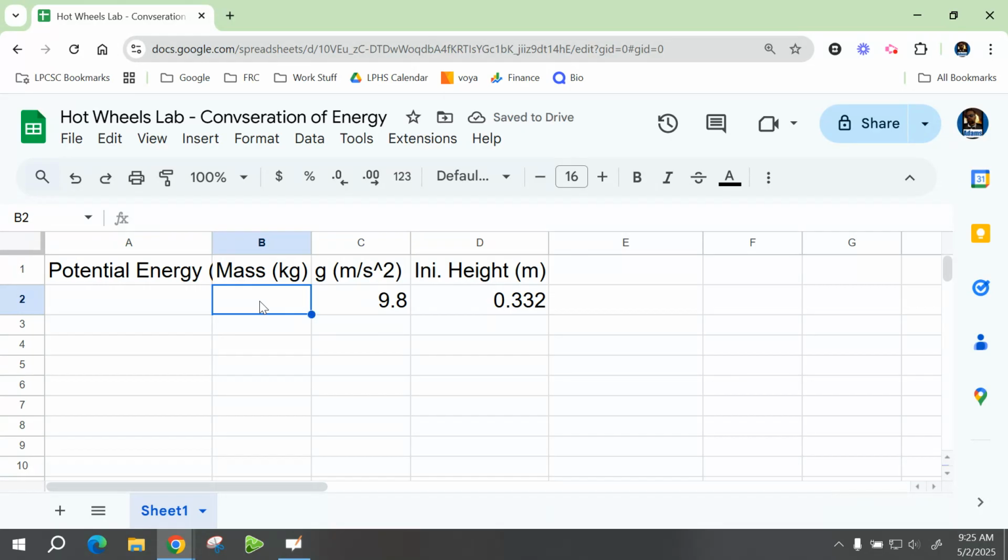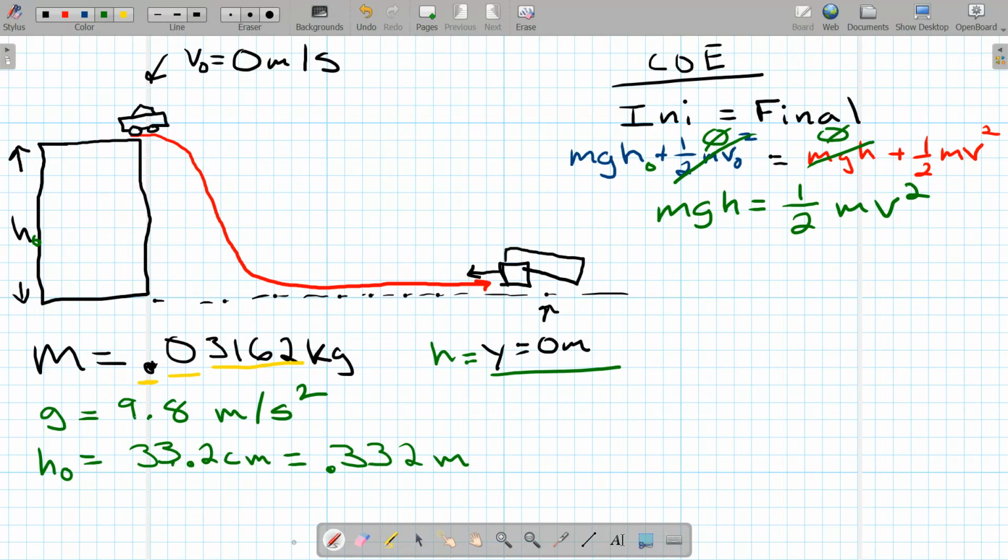Now, what was your guys' mass of your car? Well, actually, you know what? I'm gonna go with the one that I had. So they had 3162. So I'm gonna put this number in. So whatever your mass is, type in your own mass.